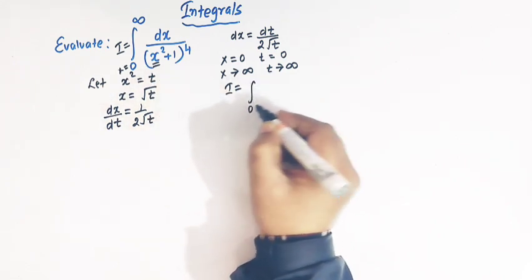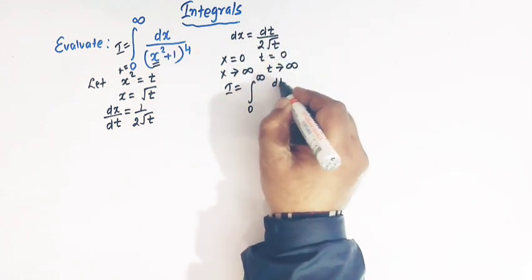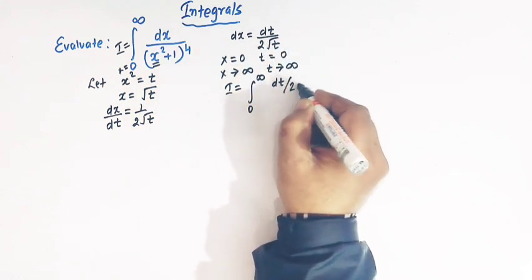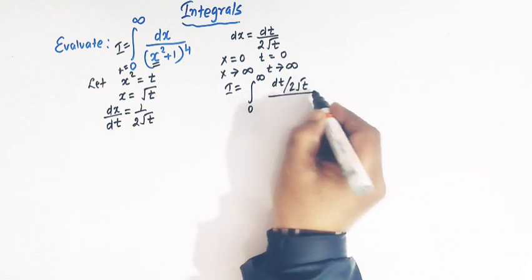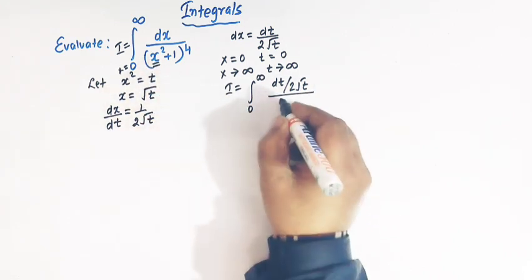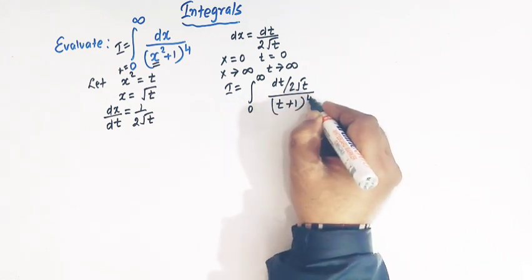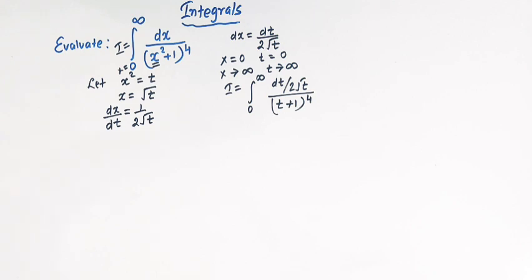So we can now write 0 to infinity. For dx we can write dt over 2 times square root of t, and here we have x square equal to t, so we can now write (t plus 1) raised to the power 4.